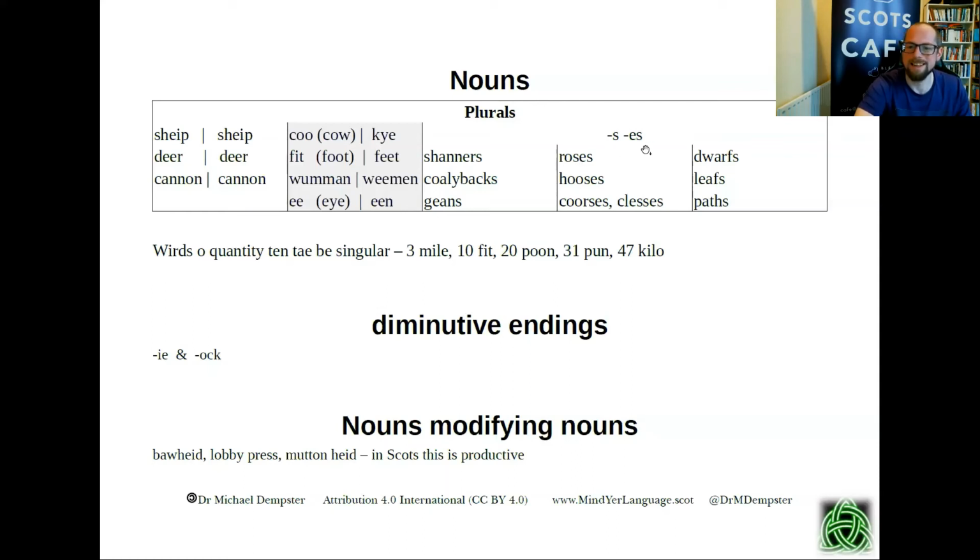It takes the E sound there. Whereas in English it would be 1 rose, 3 roses. So it becomes the sound of the Standard English ending. Rose, roses. Hoose, hooses. And you see that doesn't become houses. That doesn't change to a Z sound when it becomes a plural in Scots.